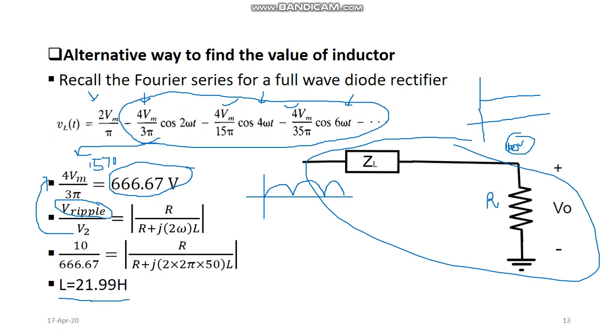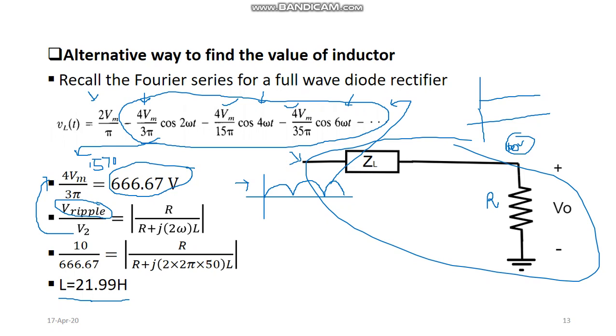So once again I will repeat what I have tried to do. At the input of this inductor, the waveform was like this, that is the output of the rectifier. It had many components that are represented by this equation.